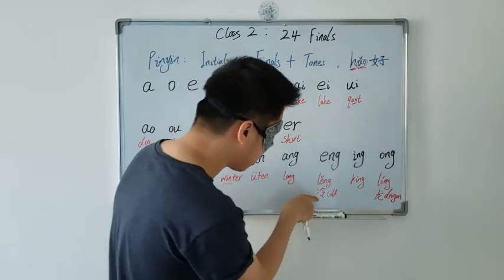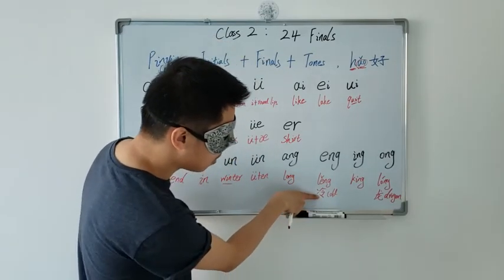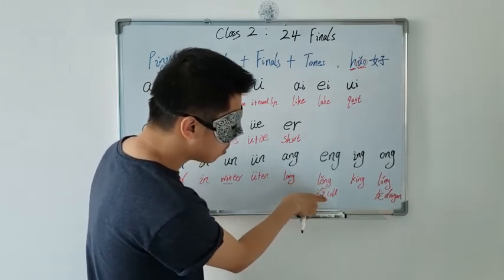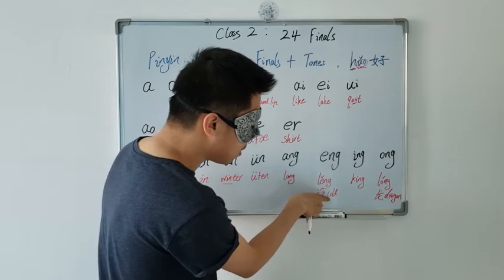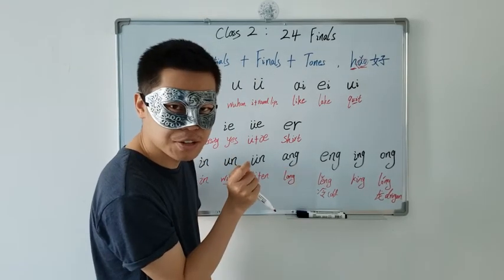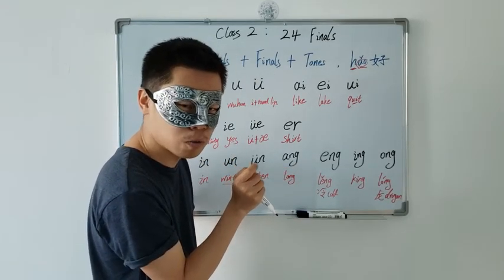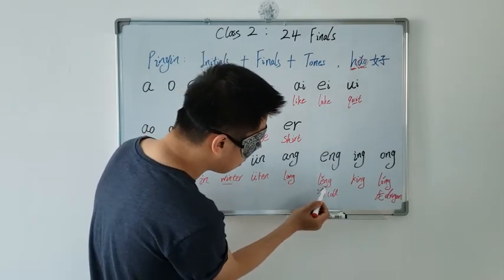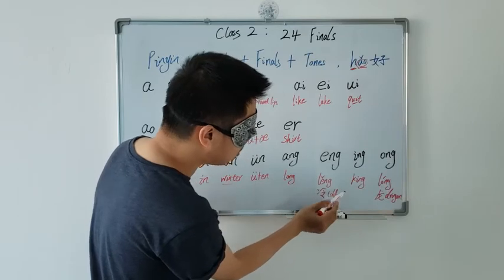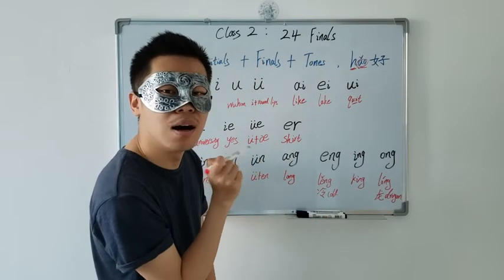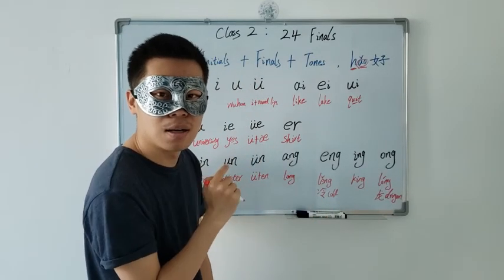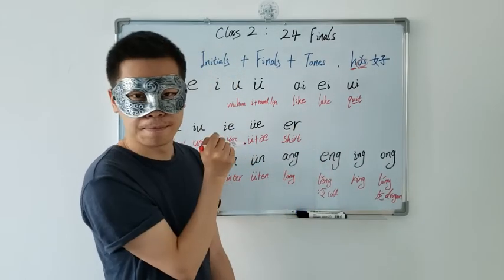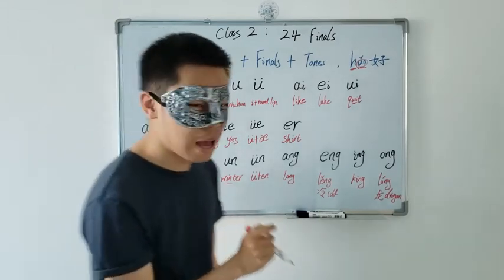For example, the Chinese character 冷, its pinyin is 冷. It means cold in English. Its pinyin is 冷, with your nose. You got it? I hope.